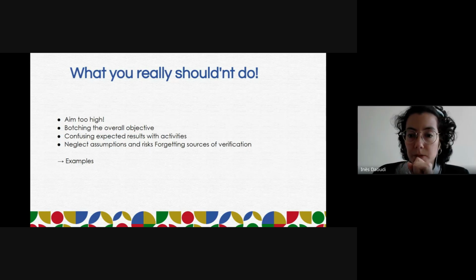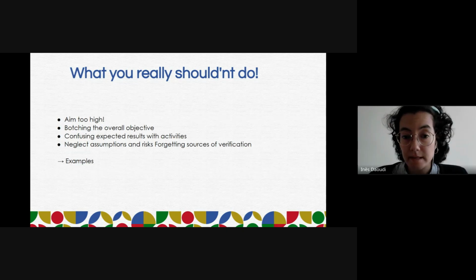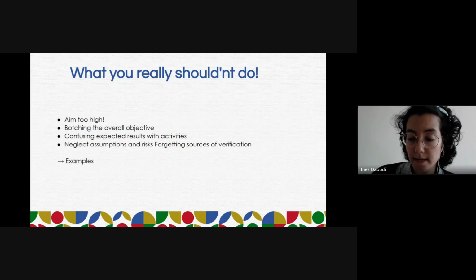Also, another point that I would like to add is about the consideration of assumptions and risks. Because in every project, we may face risks that could influence the project's implementation and success. It is therefore essential to identify and analyze those in order to prevent the risks from happening, or at least to let the donor know about it.